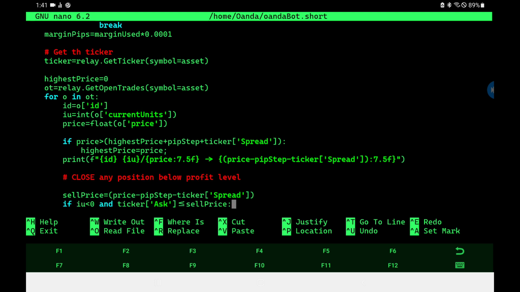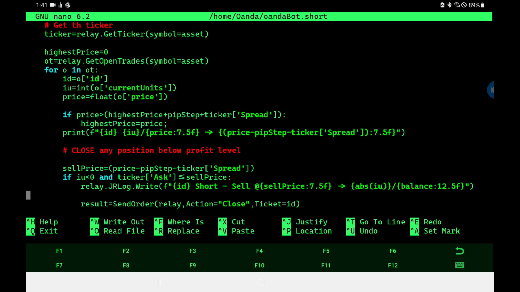Now, let's look at our profit. Time to make a profit. So our selling price is going to be the price minus the pip step minus the spread. So that's our selling price.